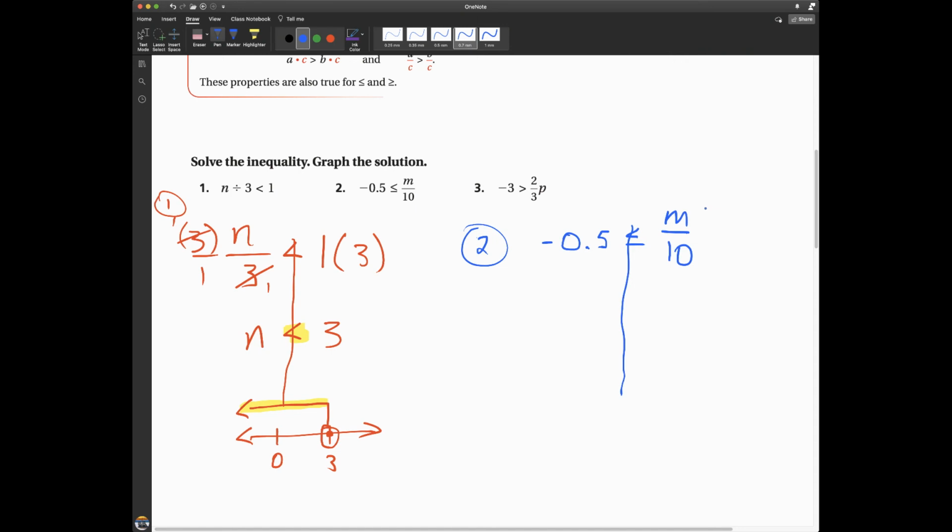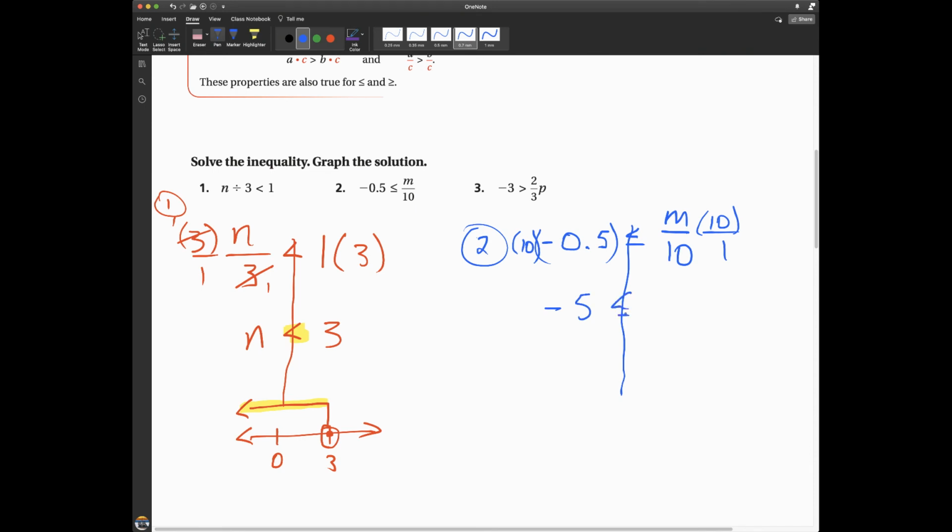The inverse operation for division is multiplication. So let me go ahead and multiply this side by 10, and then I also have to multiply this side by 10. All right, 10 times negative 0.5 should be negative 5.